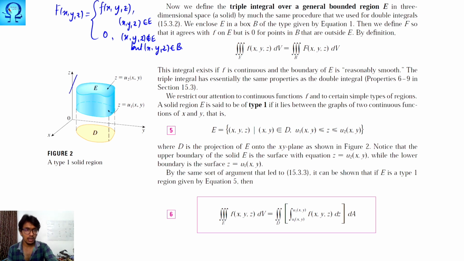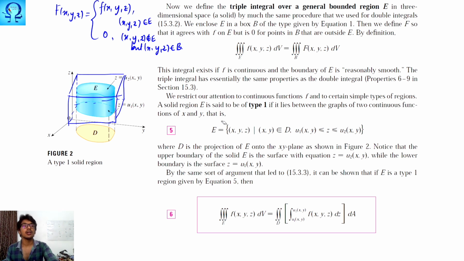We are fixing E inside a minimum box, and over this box we are going to integrate, as we made the general region inside a rectangle and integrated it.